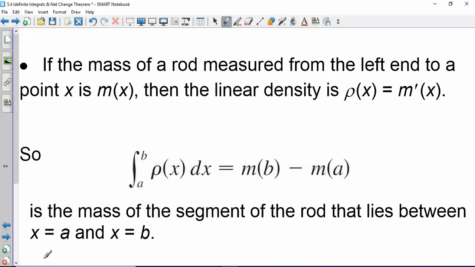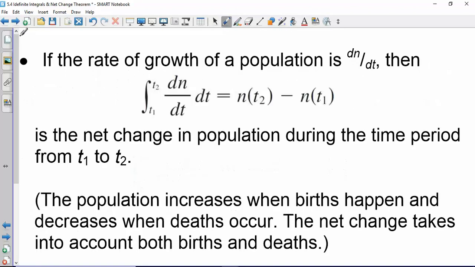Linear density, if you have the mass of something, the derivative, the rate of change of that mass, is called the linear density. So the antiderivative would be the actual mass between 2 points. If we're talking about population growth, this is one that we've used before. We talked about the derivative is how that population is changing. So the antiderivative would be the actual amount.